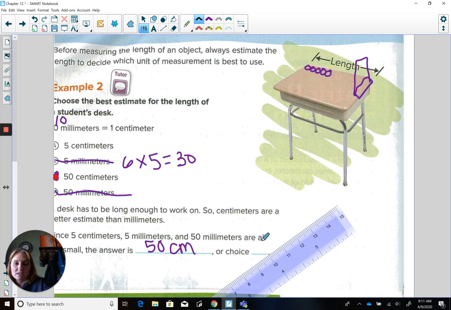So our best answer is centimeters. Okay? So think about what tool to measure with.